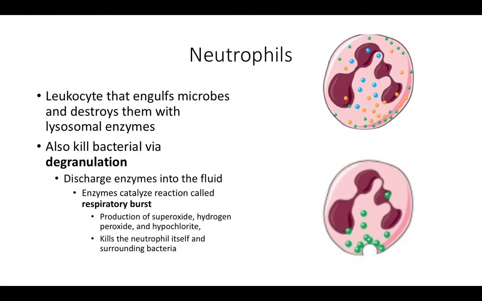So the neutrophil basically sacrifices itself, but in doing this is able to neutralize a lot of pathogens at once, or a lot of bacteria at once. Okay, so again, degranulation, that's pushing these enzymes outside of the cell body, and then from there it's going to catalyze the reaction of the respiratory burst, which is just the reaction which produces these three chemicals that are really toxic to bacteria, but also unfortunately toxic to the neutrophil itself.